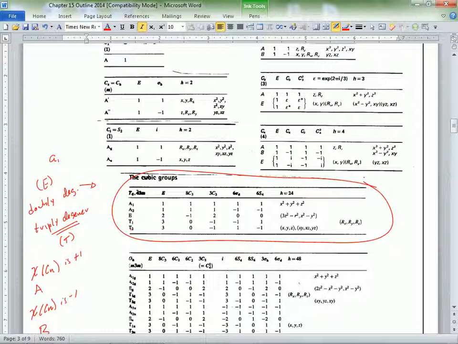Okay. And now I've got X, Y, and Z, so that's T2. Well, these are all the same, aren't they? So 3, 3. Yeah, right, X, Y, and Z are all the same.